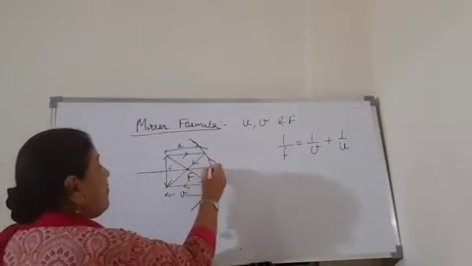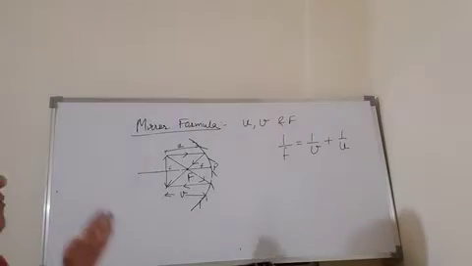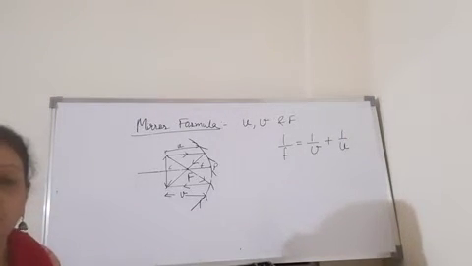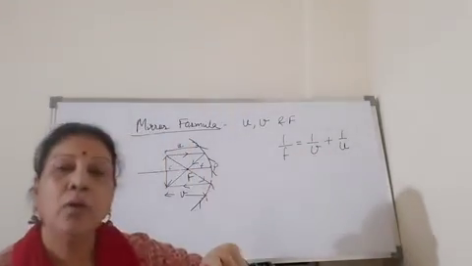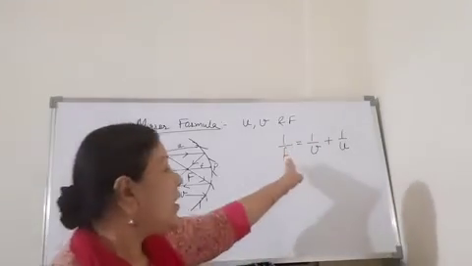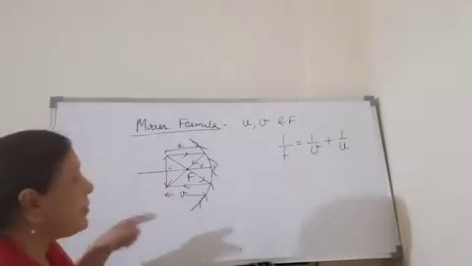So this FP is the focal length. So this is how we have to use the formula 1 upon F is equal to 1 upon V plus 1 upon U. Out of these 3, if we know 2 measurements, definitely we can find the third one. So this is about the mirror formula.